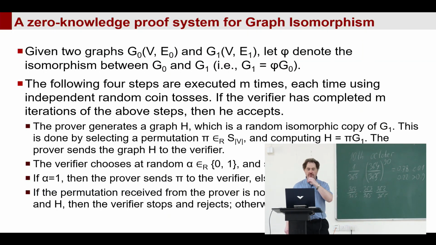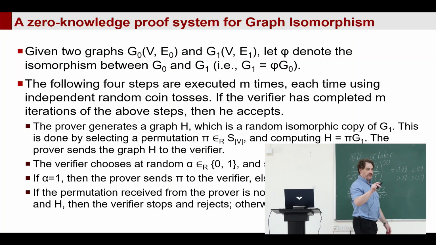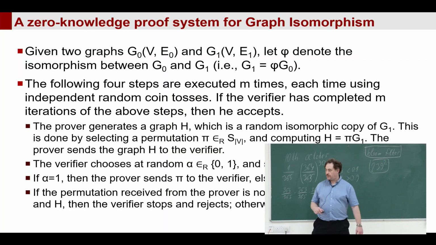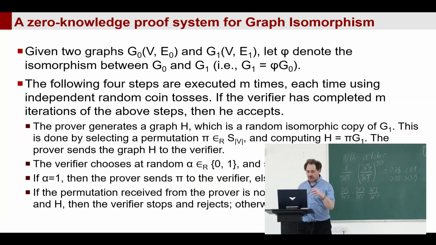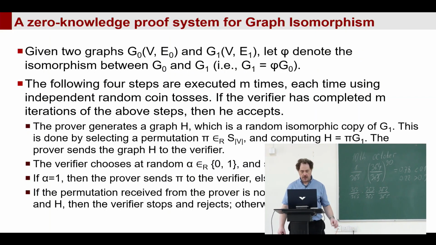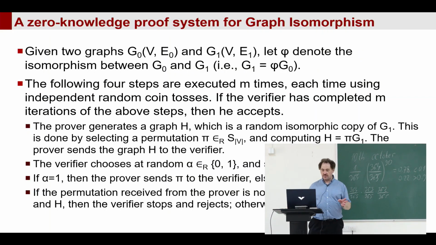The thing about graph isomorphism is that if I know the permutation, I can easily verify it. So suppose we are given two graphs, and the two graphs are isomorphic. So let's denote the isomorphism between the two graphs. They are isomorphic, we know that. V as the prover, right?